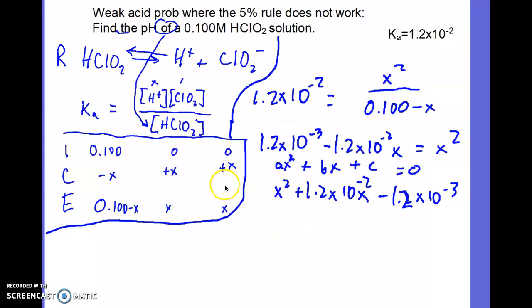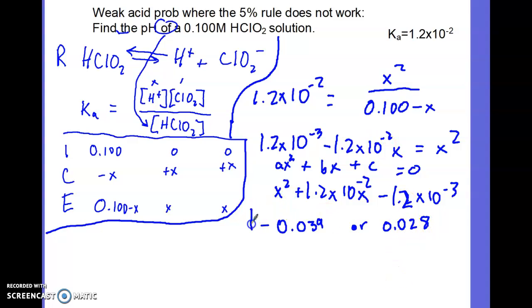Plug that in, check all the signs, see if you can get that. But for this problem, what you get is one of them is negative 0.039, or you get 0.028.